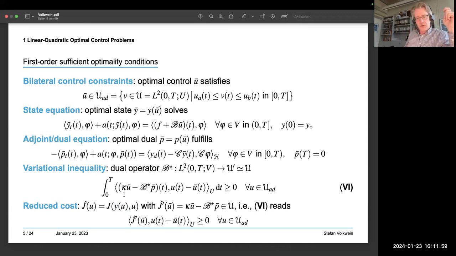So this first term, kappa u bar minus the adjoint of the B operator times B, P bar, is equal to the reduced cost functional derivative. Therefore, instead of this VI, we can write: the derivative of the reduced cost functional times U minus U bar has to be greater or equal 0. That is our optimality condition in one line.